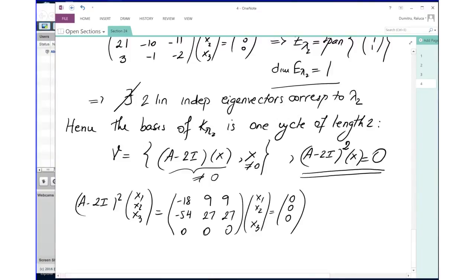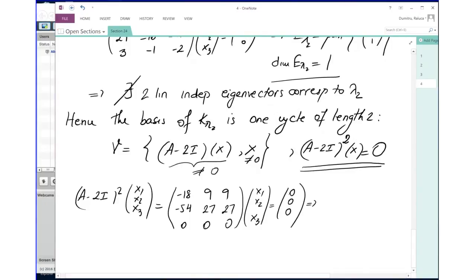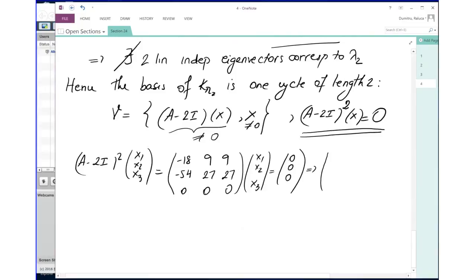So the second power, when applied to the vector x, should give you the 0 vector. And you're going to get that x2 and x3 are free, and x1 will depend like this on x2 and x3.